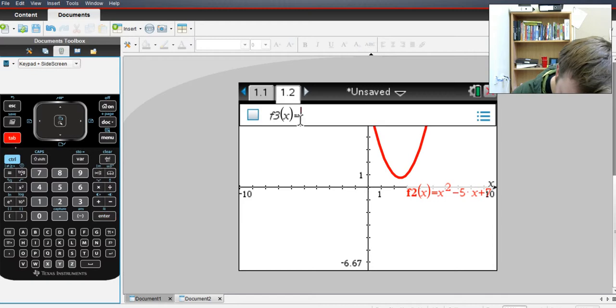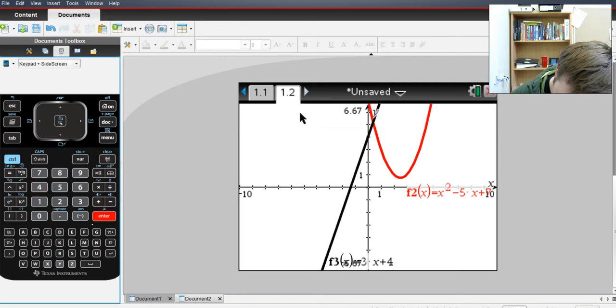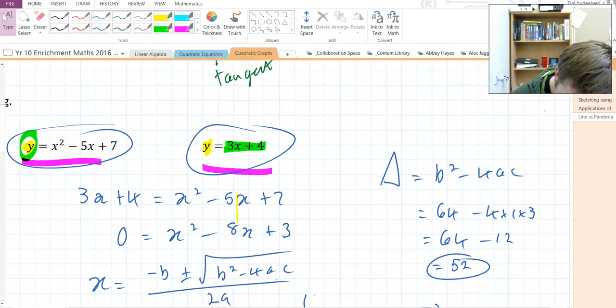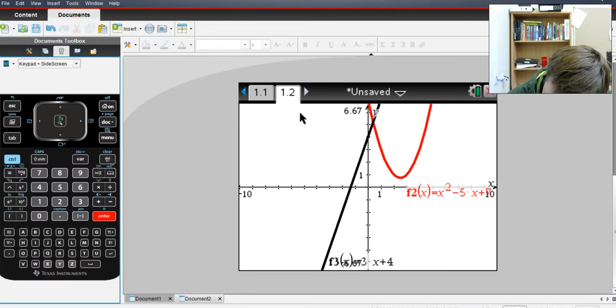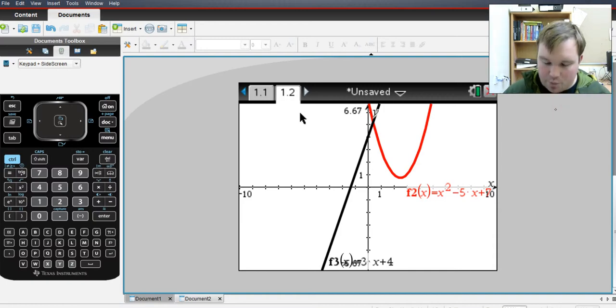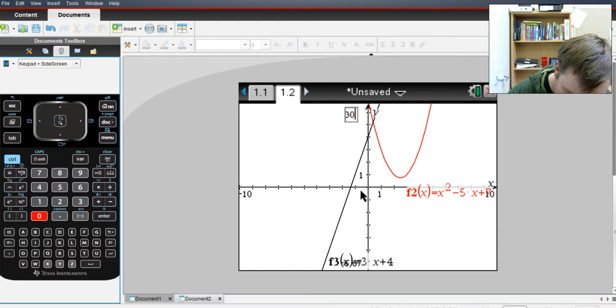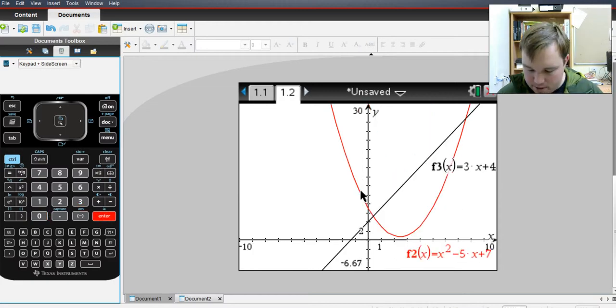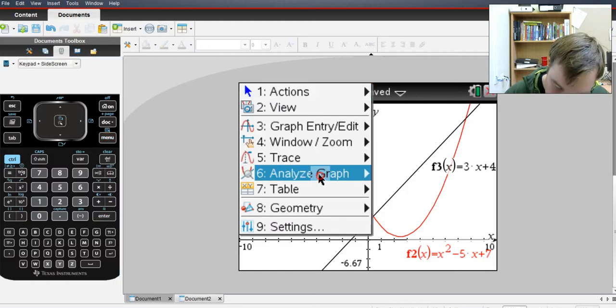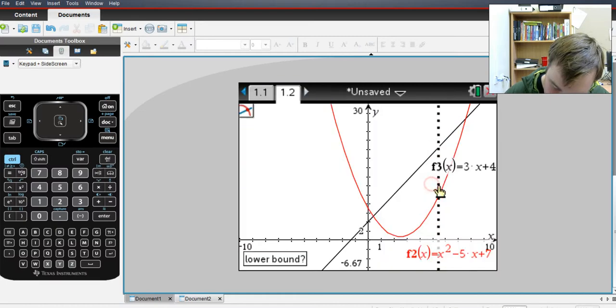So press tab to insert a new one. We can go 3x plus 4. Alright, once again, we can't see both intersections, so let's change this to about 30 and see if that helps. Yes, it helps enormously.